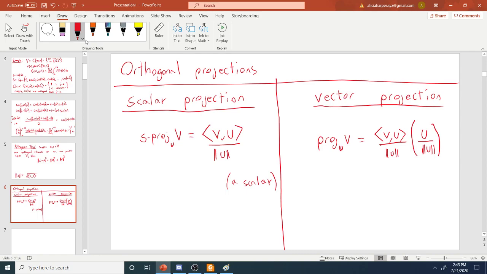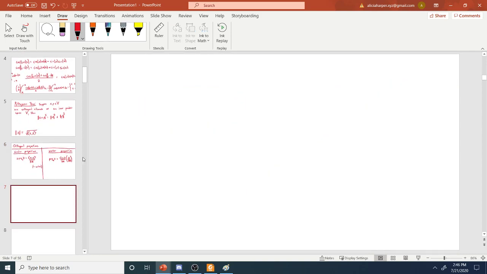And so this right here gives you the vector projection. You all have probably seen these in different contexts before. So let me just do an example to remind you how they work.